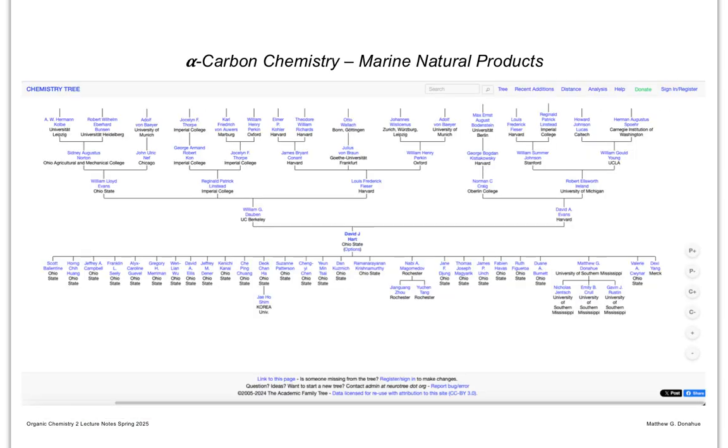So this is a chemist tree, if you will. Here's David Evans. And my PhD advisor, David Hart, did a postdoc under David Evans at Caltech. Evans eventually moved to Harvard. I studied under David Hart at Ohio State.